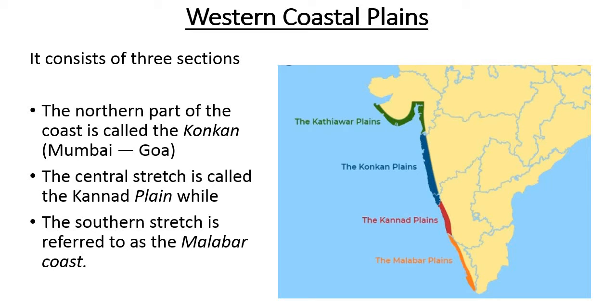This middle part, on the western side of Karnataka state, is the Kannada plain. The southern part is referred to as the Malabar coast, in Kerala state. So right from north to south, Konkan, Kannada and Malabar. This figure is quite clear.